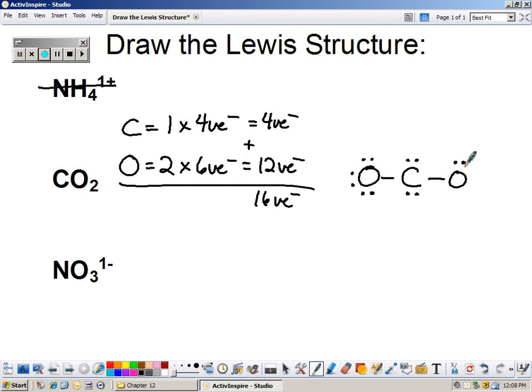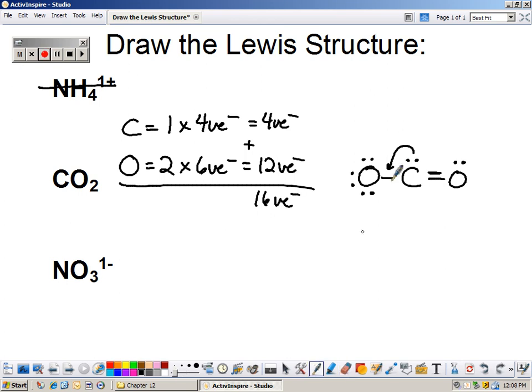Okay, so here, let's satisfy our octet rule. What I'm going to do is take that lone pair and make it into a double bond there. So that lone pair is gone now, and that left you with a double bond. I'm going to take this lone pair here and make that into a double bond there.